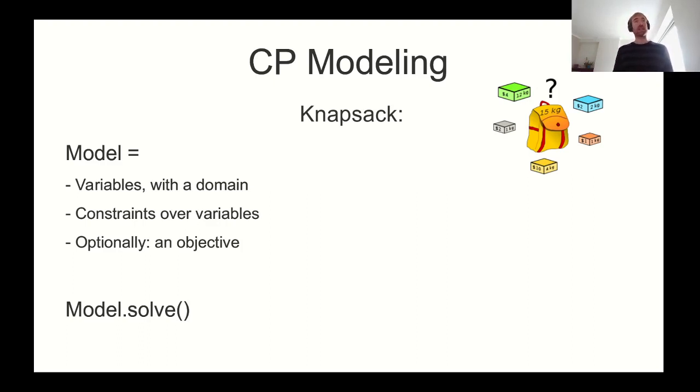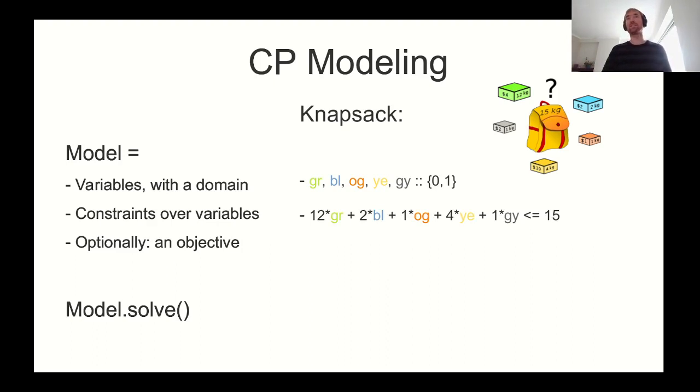Let's look at what this means in terms of variables, constraints, and objective. The variables: we're going to have a 0, 1 variable for each of the different objects, so the green object, the blue object, and so forth. Then the constraint: there's only one constraint in this case, namely that the sum of the weights, as the green one has weight 12, the blue one has 2 kilograms, depending on whether they take the object or not, is below or equal to 15 kilograms.